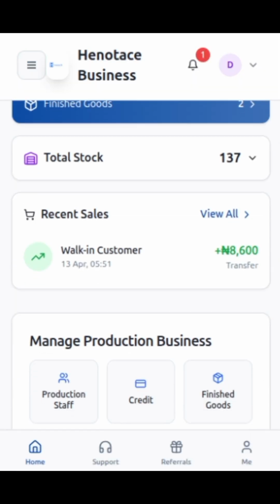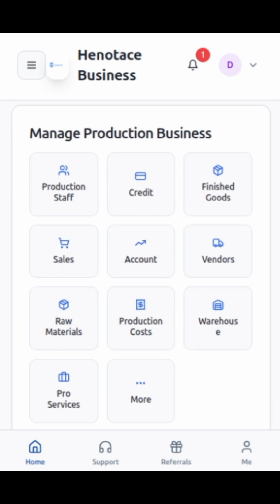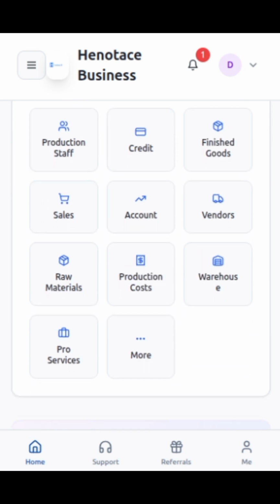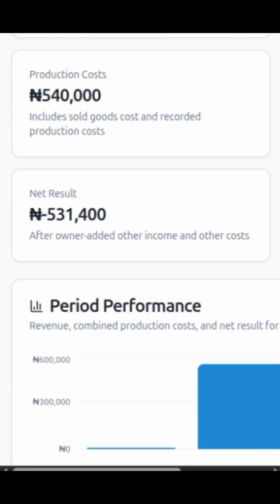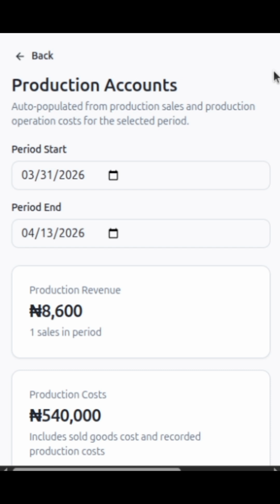We have a warehouse too. That's maybe when you finish producing, you can store products you are not selling yet in the warehouse. That's the warehouse. So this account here is a breakdown of your financial performance. You know what the revenue is, what the production cost is, which you can filter per date. It takes me this amount of money to produce, then this amount of money as revenue.